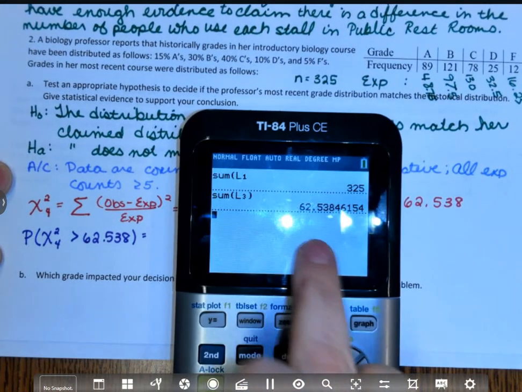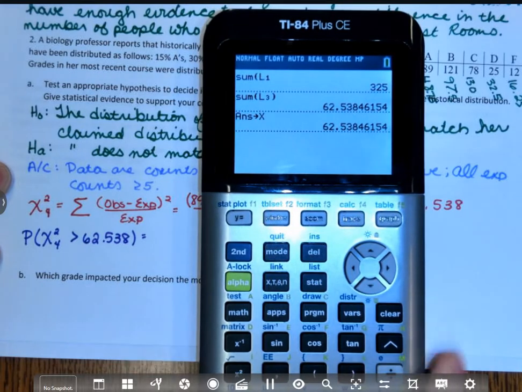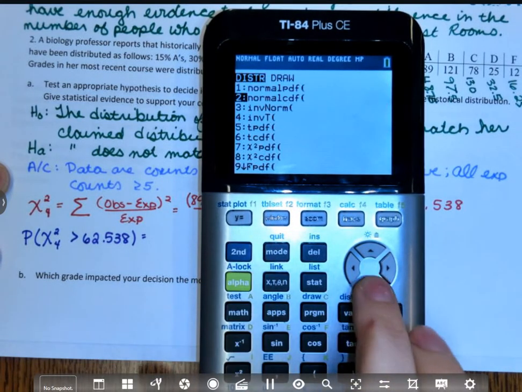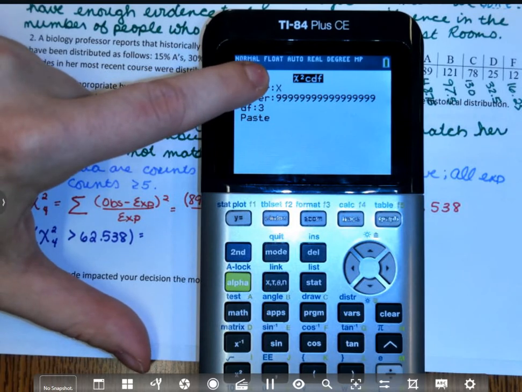And so I'm going to store that number as my x. And I'm going to again do chi-squared CDF. Remember how I said we already have the x there. That's what's nice about storing it. I don't have to change that.